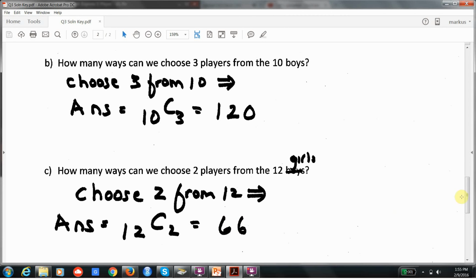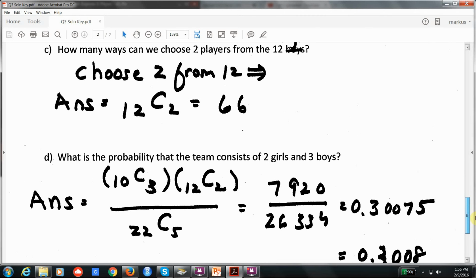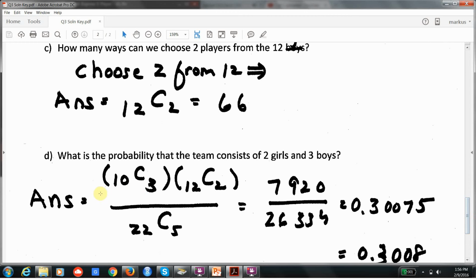Now, we want to figure out the probability that the team will consist of 2 girls and 3 boys. So this is, remember the theoretical probability formula. It's the number of favorable outcomes divided by the total number of outcomes.